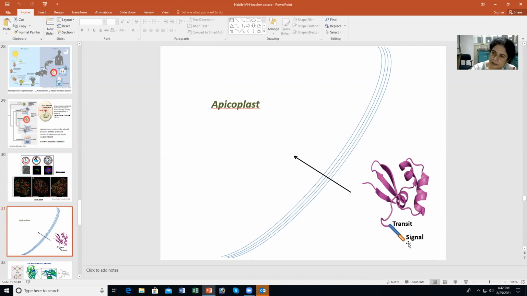So there's a signal sequence and a transit peptide at the N-terminus, and this is a bipartite targeting sequence that is required for transport of proteins that are encoded by the nuclear genome, transited in the cytosol, and then transported into the apicoplast for biological function. So basically, the apicoplast genome itself is highly reduced.